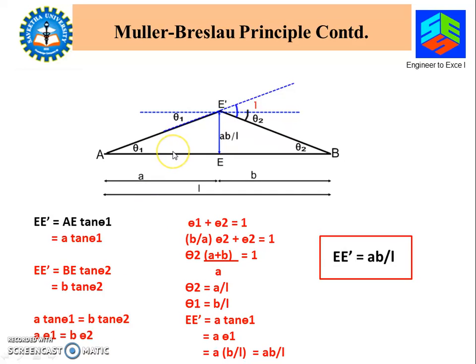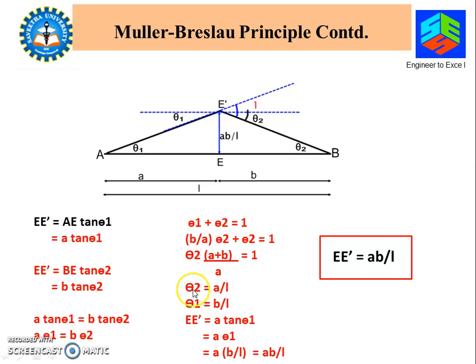And as per the principle of Muller Breslau, the relative rotation theta 1 plus theta 2 should be equal to 1. Substituting the value of theta 1 as B by A times theta 2, plus theta 2, is equal to 1.